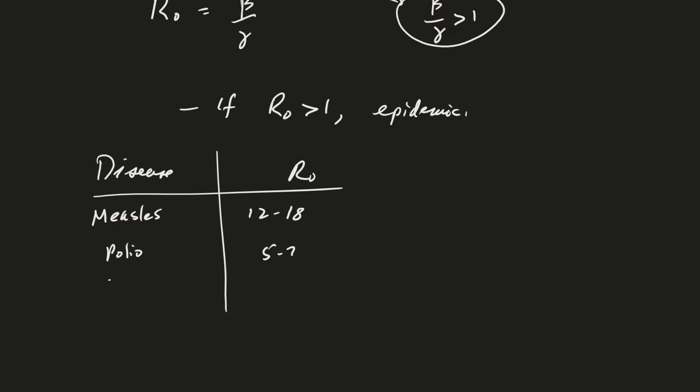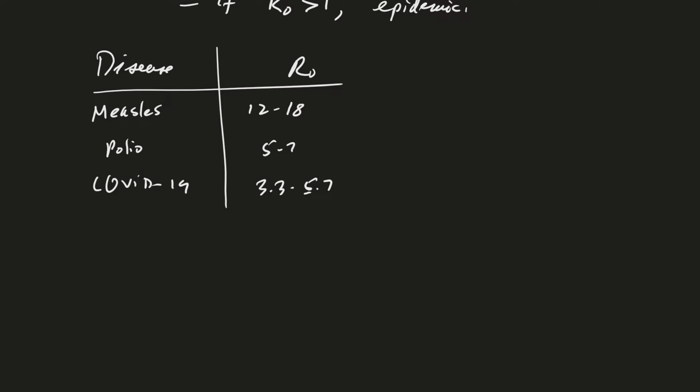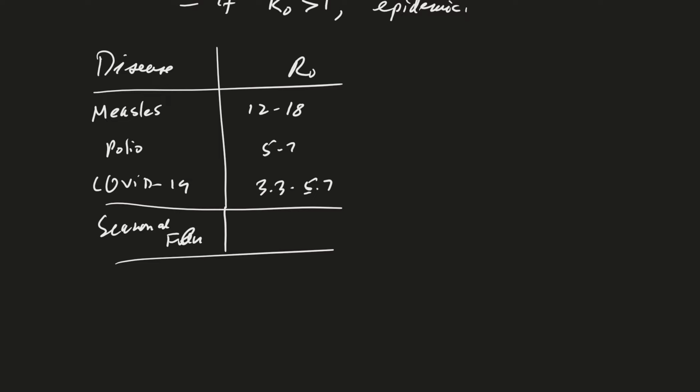COVID-19, what we're experiencing right now, has an R0 that's been estimated to be between 3.3 and 5.7. While a seasonal flu, just as a point of comparison, and we all know how fast that goes around campus, right? Has an R0 of about 0.9 to 2.1.